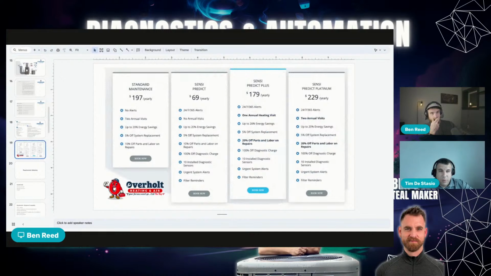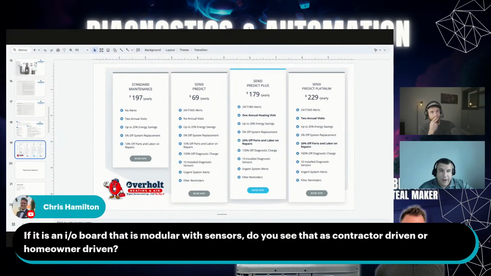I think it's important that you build a business model where contractors can make money off of this. There has to be something in it for the homeowner. The homeowner gets fewer people in their house. The contractor has to send people out fewer times, can have more customers with fewer employees, but the systems still get maintained just as well as they should have always been.